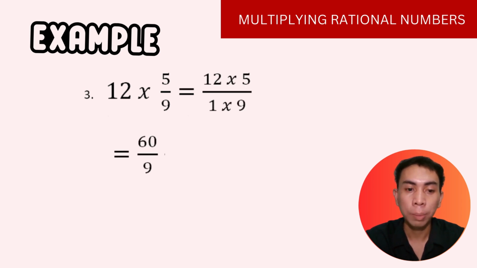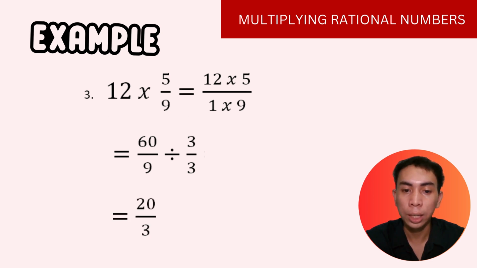Multiplying the numerator 12 times 5 over the denominator 1 times 9 will yield 60 over 9. Having a GCF of 3, we divide both the numerator and the denominator by 3. 60 divided by 3 is equal to 20. 9 divided by 3 is equal to 3, giving the final answer of 20 over 3.